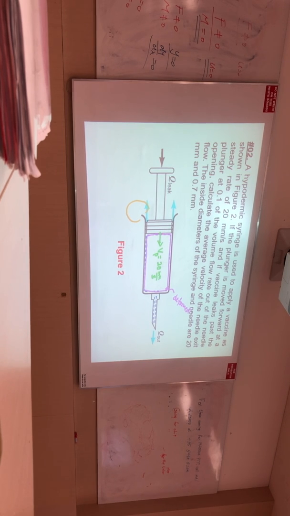If the vaccine leaks past the plunger at 0.1 of the volume flow rate out of the needle opening, that means the fluid goes out from the syringe through the needle. This value I call Q out, and this indicates Q leak. It tells you that Q leak is equivalent to 0.1 of Q out. According to the question, I can write it, right?